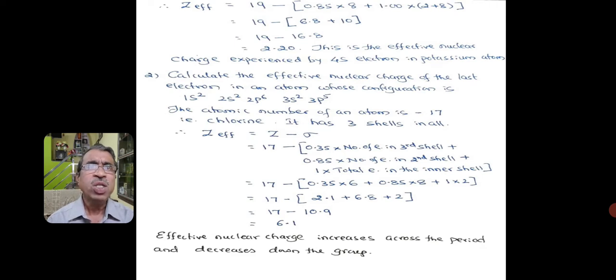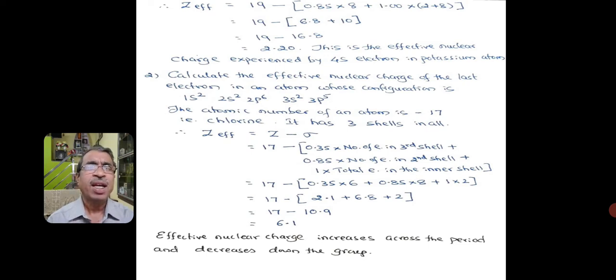So, I am calculating the effective nuclear charge of the last electron, which is present in 3p. Effective nuclear charge is equal to atomic number of chlorine, 17, minus, here in the last shell, except that last electron, there are still 6 electrons present. These 6 electrons should be multiplied by a factor, that is 0.35.